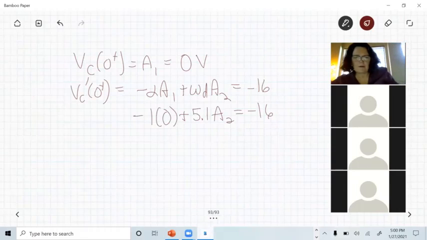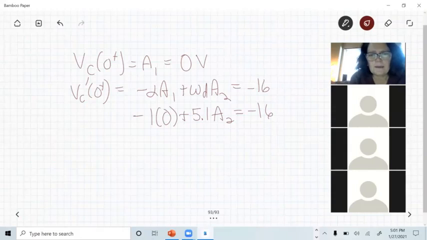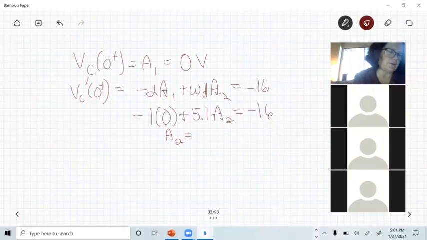Okay, so I have my calculator. There's a slight error in the solution. What I'm going to get here for A2 is basically negative 16 over 5.1. Negative 16 divided by 5.1 gives me negative 3.14. It didn't look right.